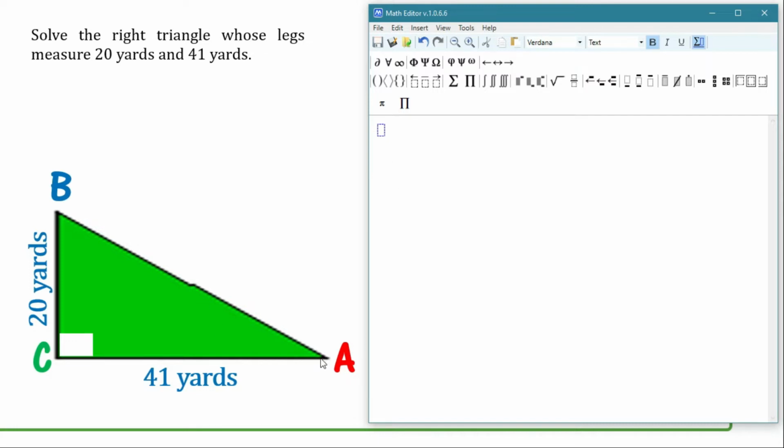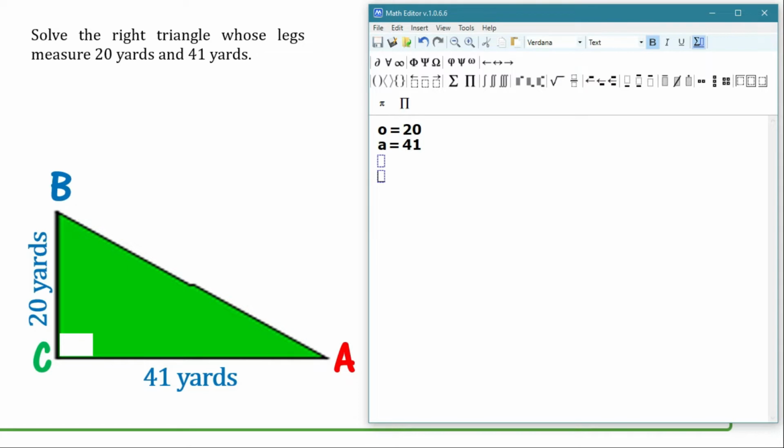Let us just assume that we are after angle A, para ma-name natin si BC as our opposite side at si AC yung adjacent side. So the problem would be considering angle A as our acute angle. That is, opposite side equals 20 yards and our adjacent side equals 41 yards.